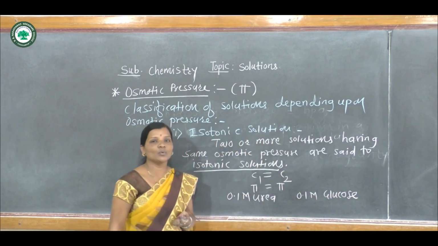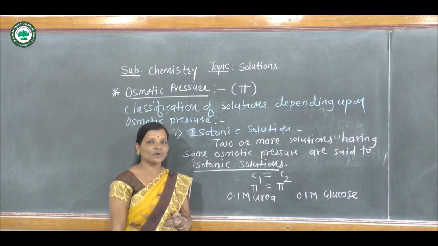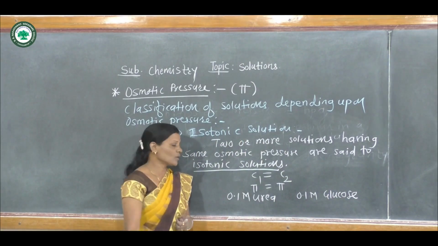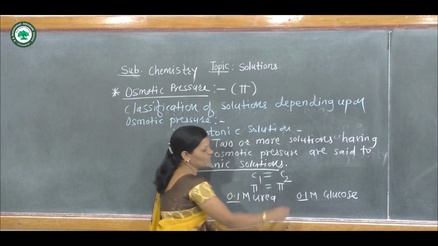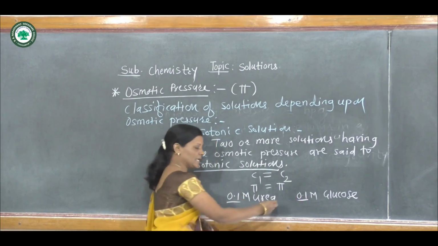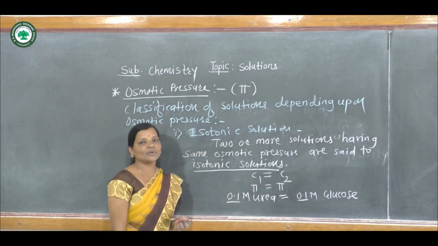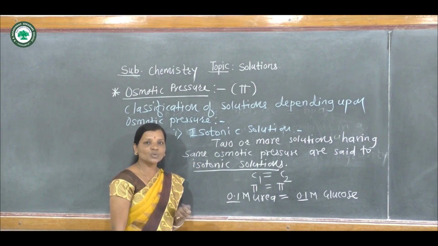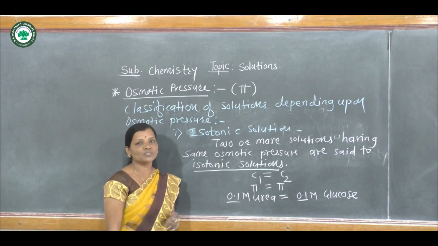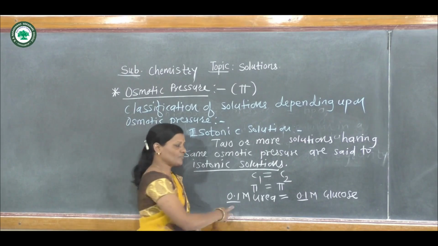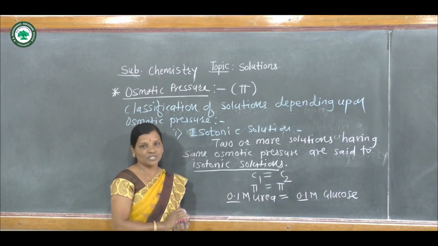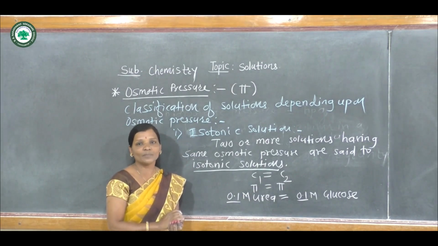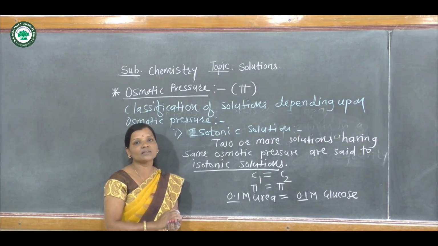Urea and glucose have different molecular formulas, but the concentration of both solutions is equal, and hence 0.1 molar urea is isotonic with 0.1 molar glucose solution. Any solutions having the same concentration exhibit the same osmotic pressure, and are said to be isotonic to each other.